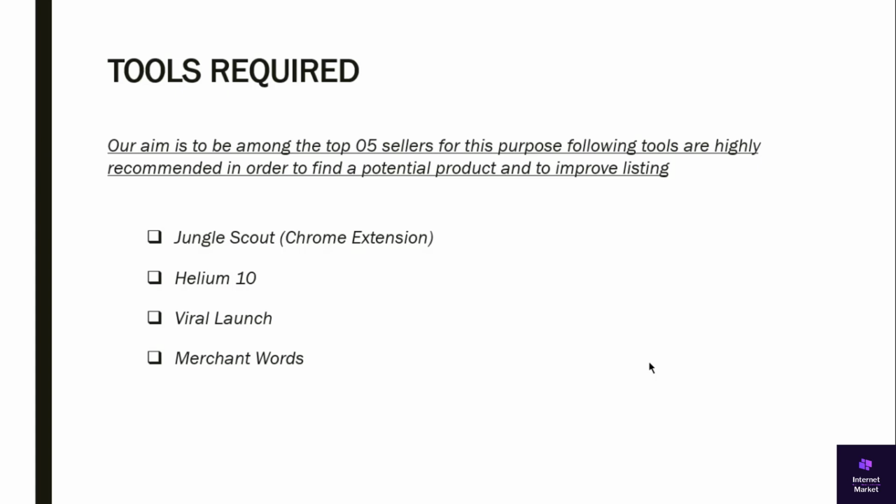It is an optional tool, but again, for complete data validation, it is also recommended. 4. Merchant Words. Last but not least, it is used to forecast the expected traffic for any particular keyword or product for any marketplace. In the next lectures, we will discuss how to use each of these tools and how to validate the data of a product through these tools. See you in the next lecture.